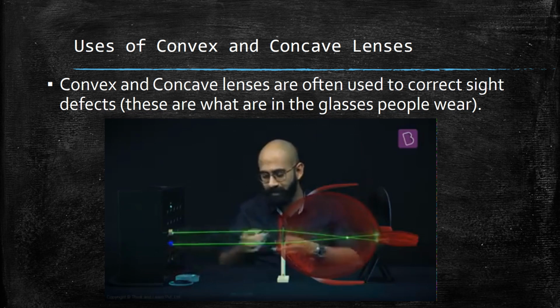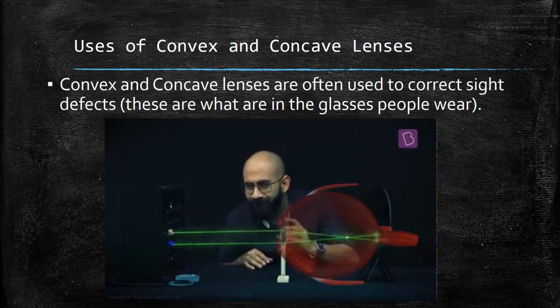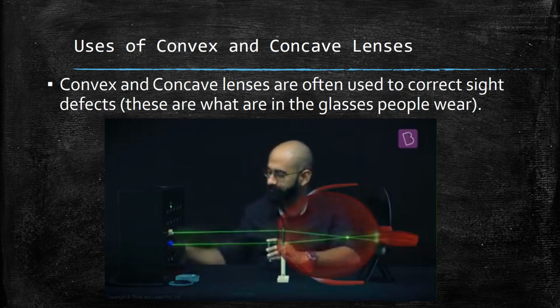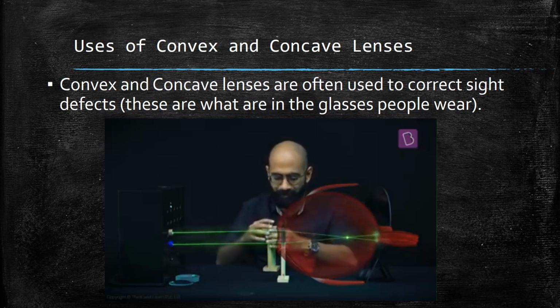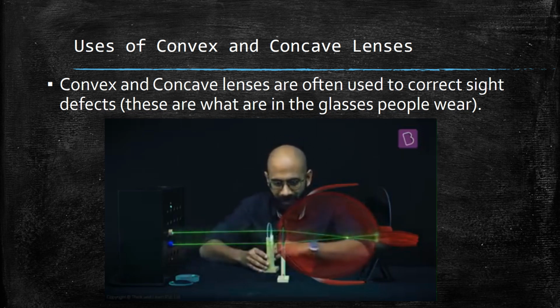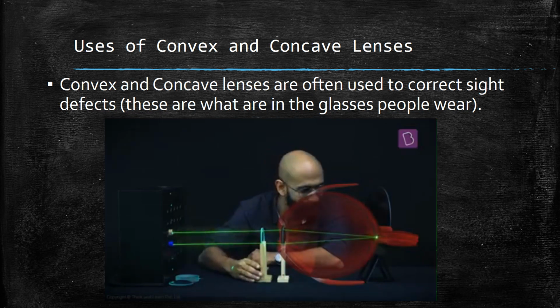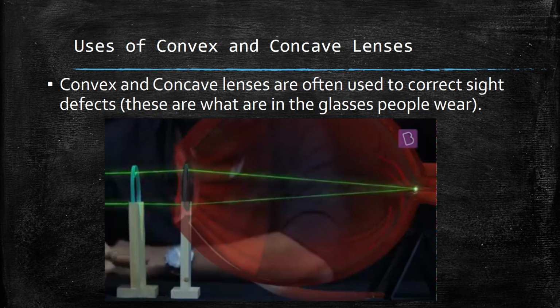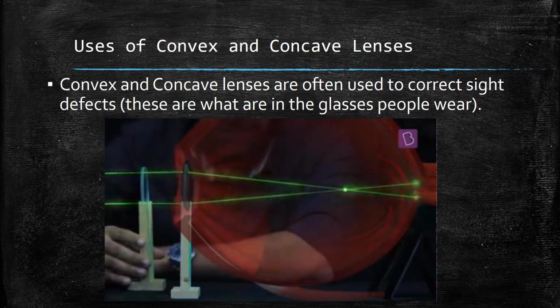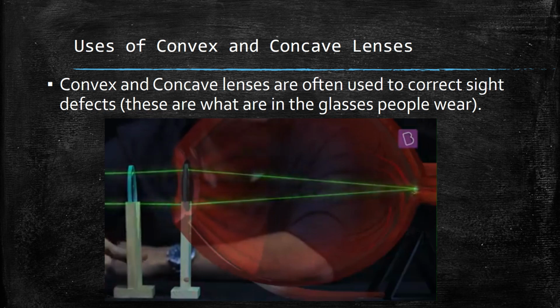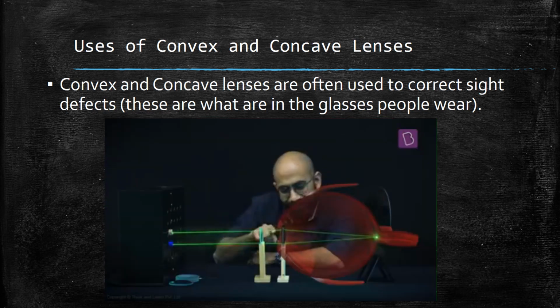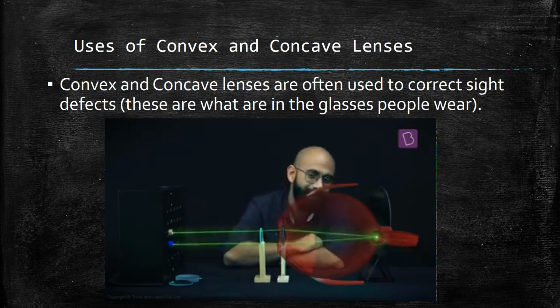Now watch. Here I have a biconcave diverging lens. Look at what happens when I place it in front of the eye lens. Do you see that? The moment I place the biconcave lens, the rays now intersect on the retina.